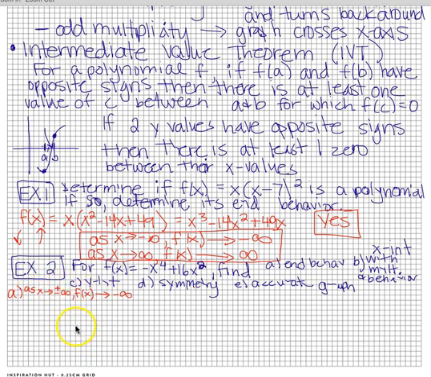Part B asked me for the x-intercepts with their multiplicities and behaviors. So x-intercepts, remember, we find by solving the equation when y is 0. So this is going to be work. 0 equals negative x to the 4th plus 16x squared.